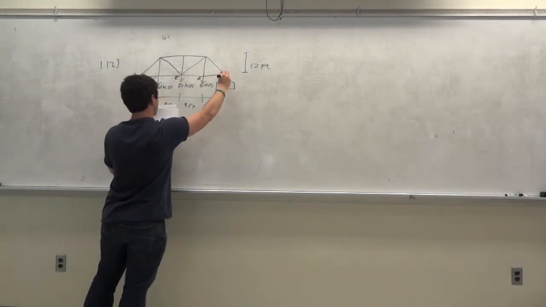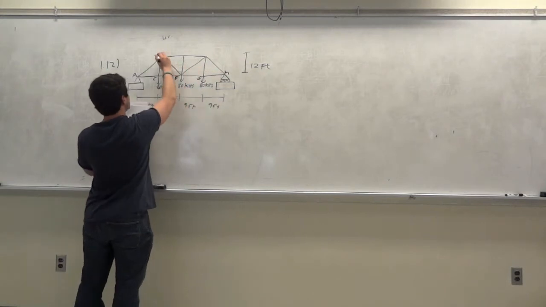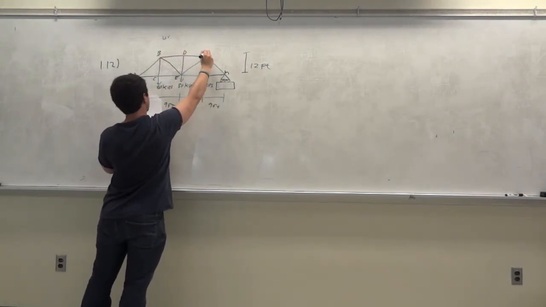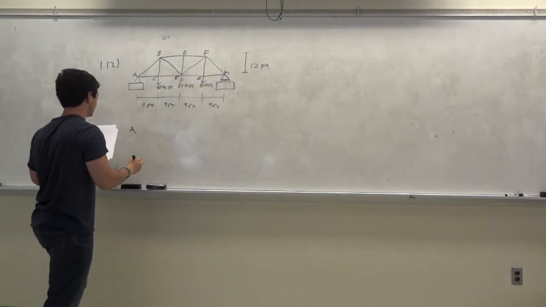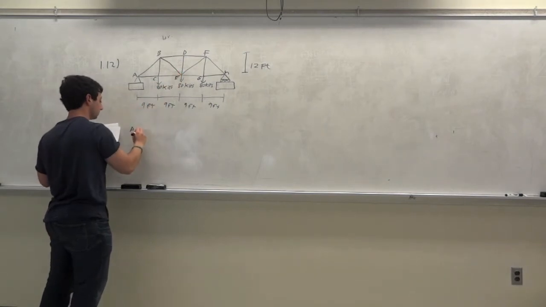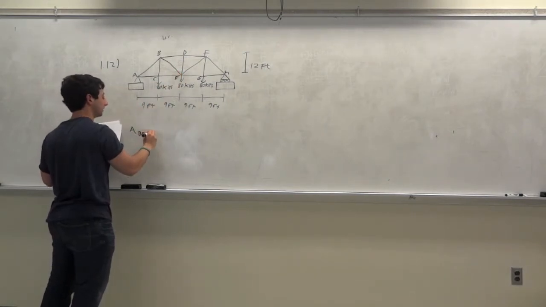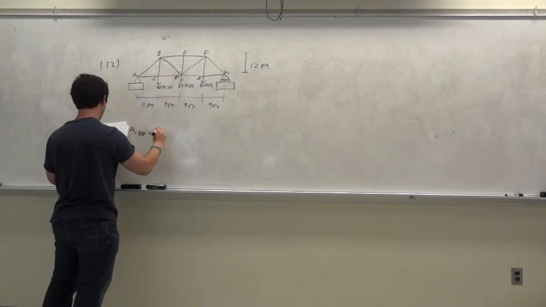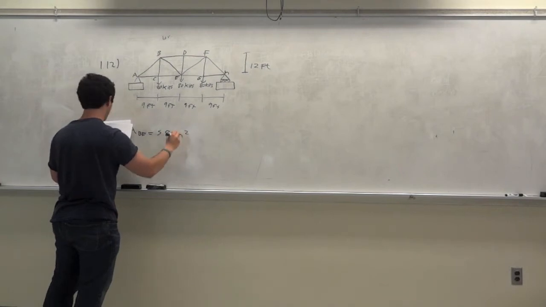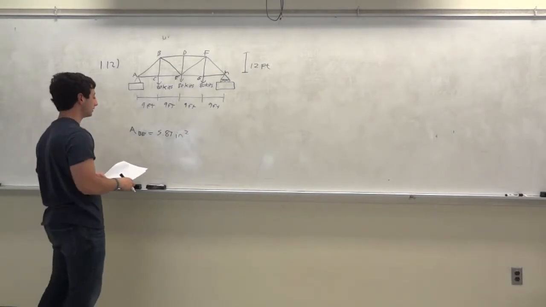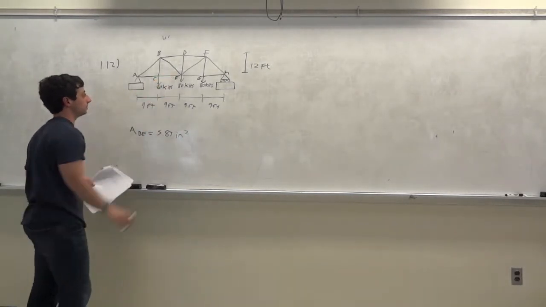So this is H, B, D, F. They give you the cross-sectional area of member BE because they want to know the stress in this member. The cross-sectional area is 5.87 inches squared, and they want you to find the normal stress in member BE.